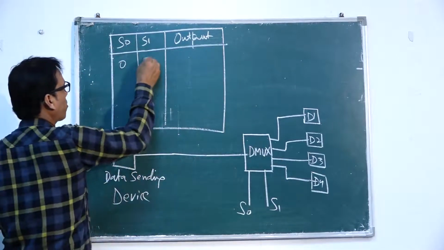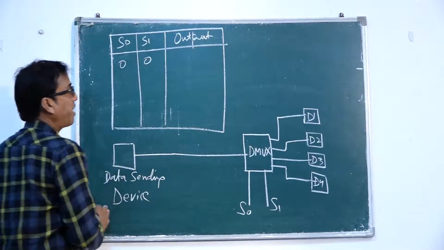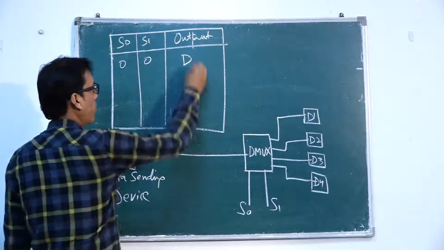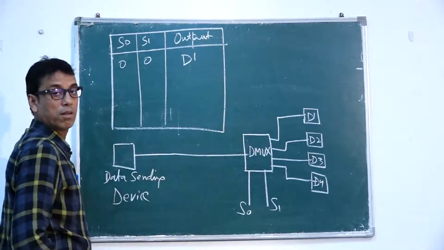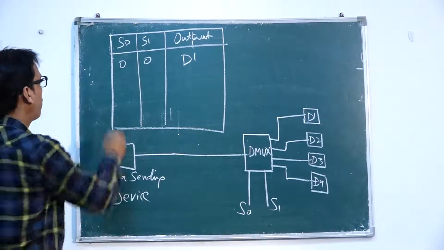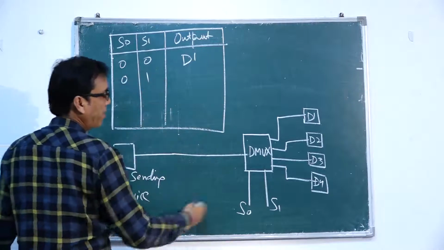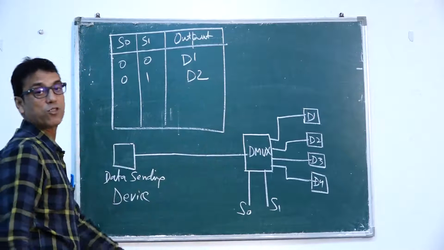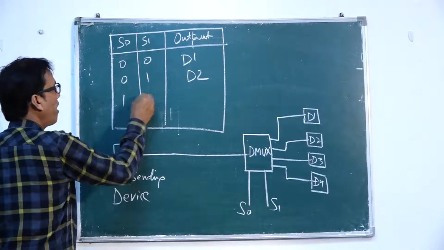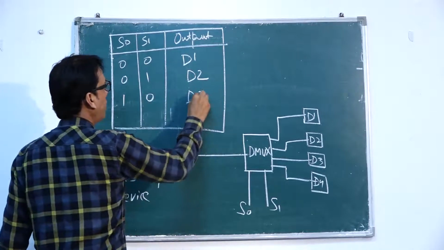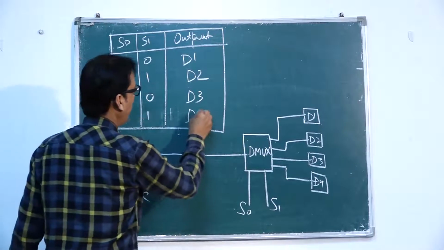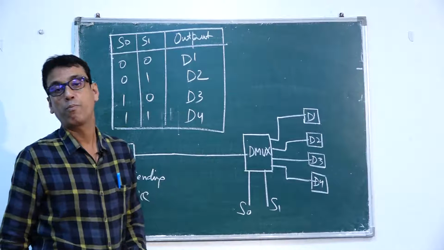In the case of 0, 0, the data will be delivered to device 1. If 0, 1 is given to the selector lines, the data will be delivered to device 2. If 1, 0 is given, then data will be delivered to device 3. In the case of 1, 1, the data will be delivered to device 4.